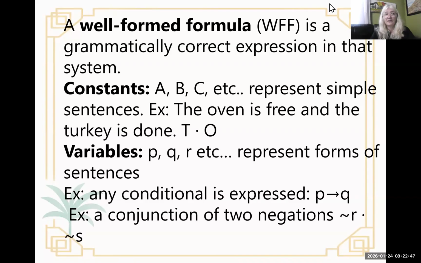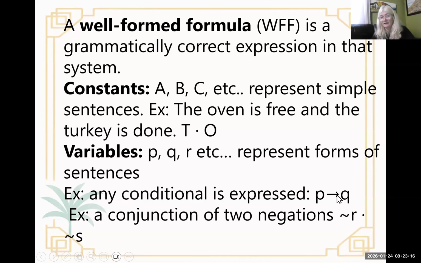Variables are letters starting with lowercase p, q, r, s, t, u, v, etc. These represent forms of sentences. What this means is they don't represent actual sentences like "the oven is free"; they represent any possible sentence of a particular form. So if I said any possible conditional, I'd express it p, and then this arrow here, that means "then" or "if then."